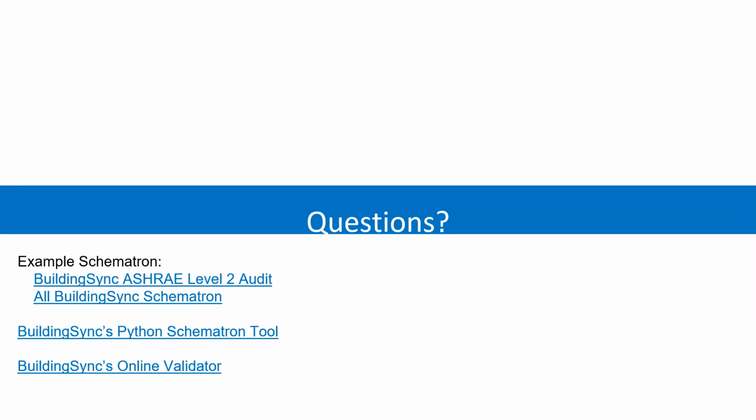And more importantly, it lets you have a Python interface for validating Schematron rather than having to deal with XSLT and things like that. We also have a web portal. That last link is somewhere where you can upload BuildingSync documents and see which Schematron it passes or fails without having to download anything yourself.